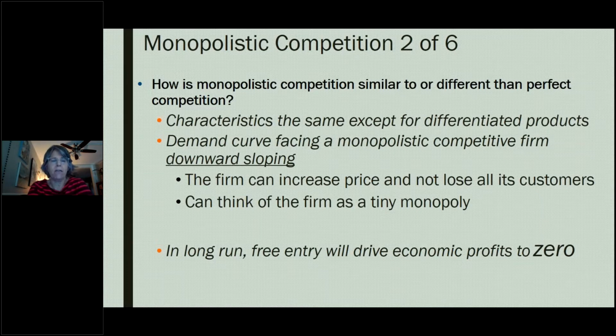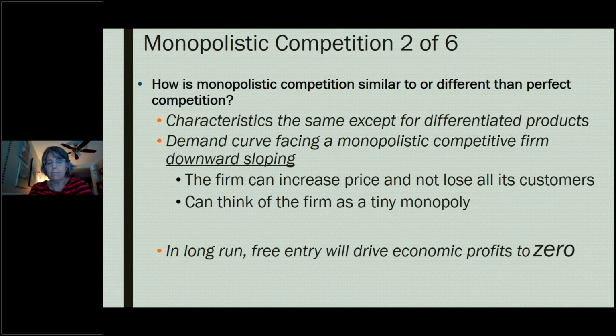You had a flat horizontal demand curve. So there is the opportunity for this firm in the monopolistically competitive industry to increase their price and not lose their customers if they can garner customer loyalty to their product. And then the firm's more like a little tiny monopoly.